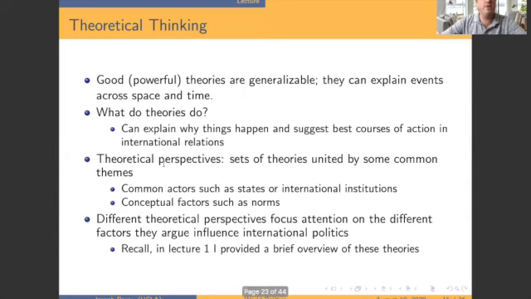So what do theories do? Well, in international relations, they explain the best courses of action and why things happen.